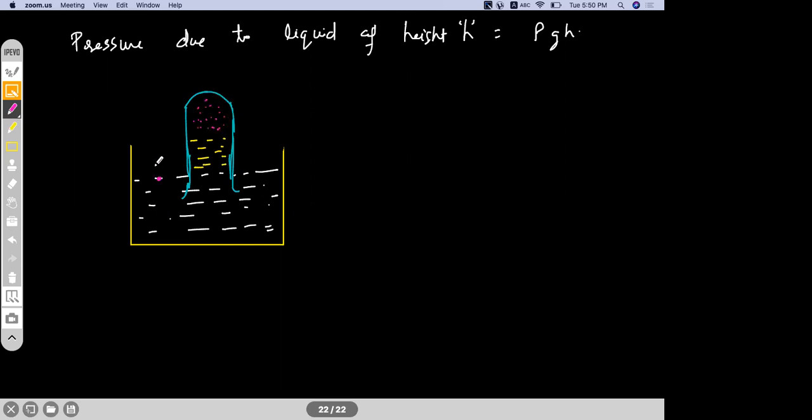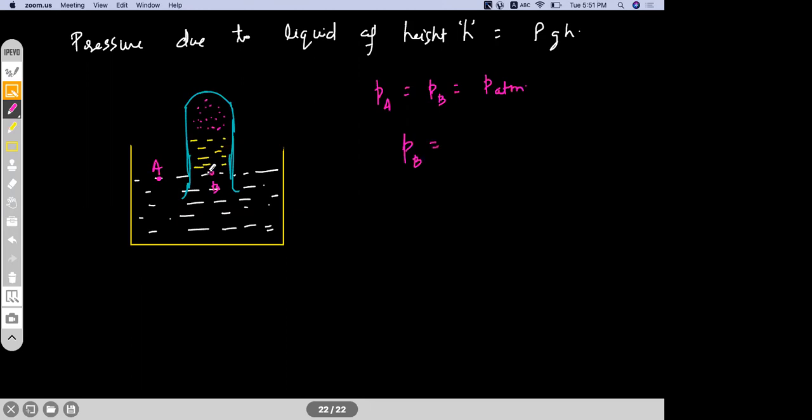So this point is A, this point is B, right? So we have PA equals PB equals P atmospheric, right? P atmospheric. And if you write down the relation of pressure, so PB is equal to what?